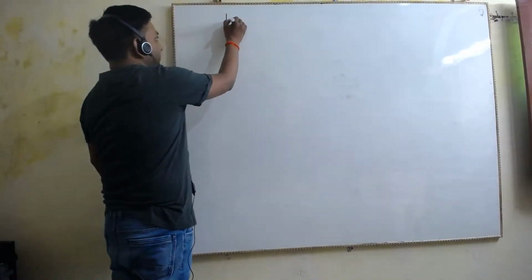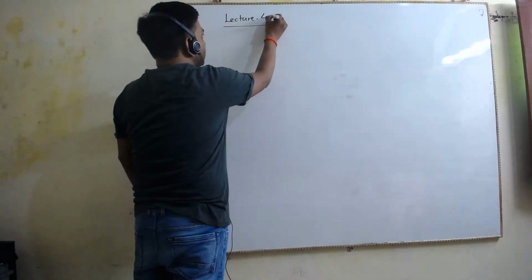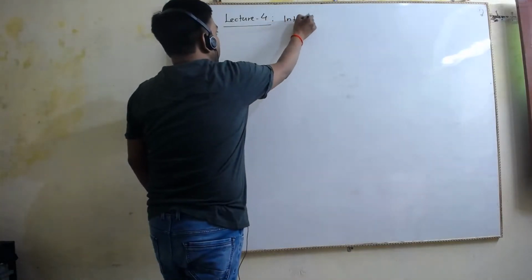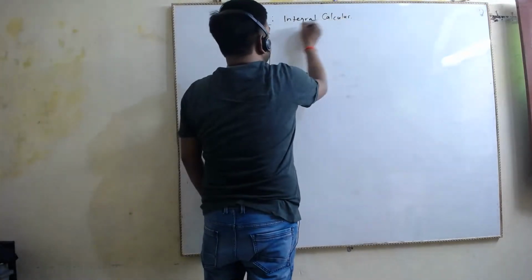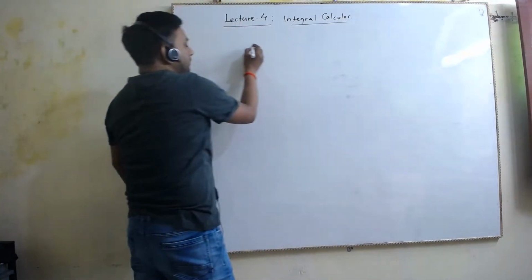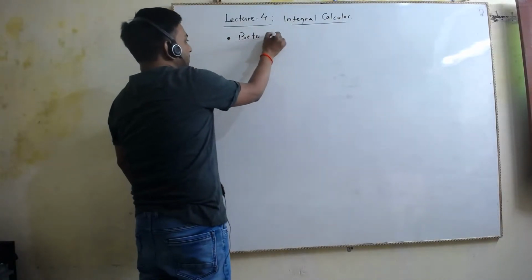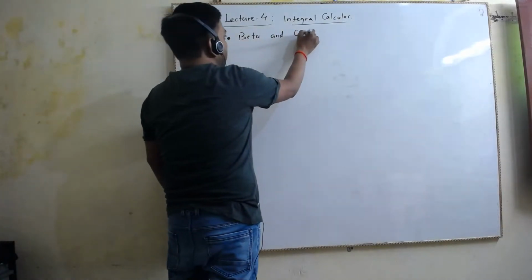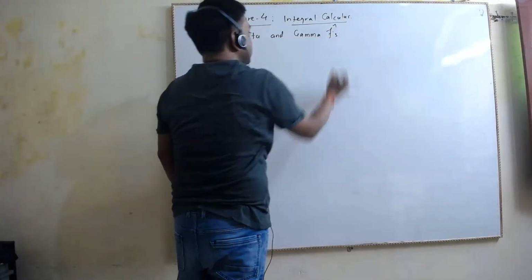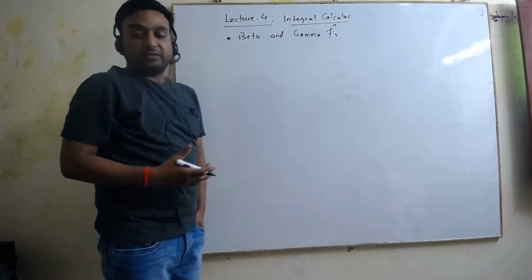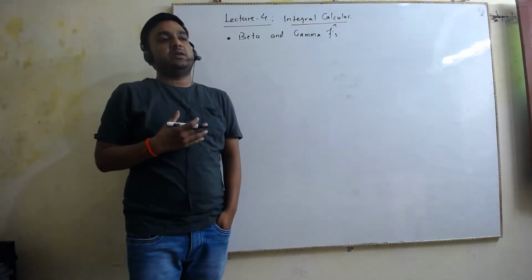So this is lecture 4 for integral calculus. So today's topic is beta and gamma function. ठीक है.